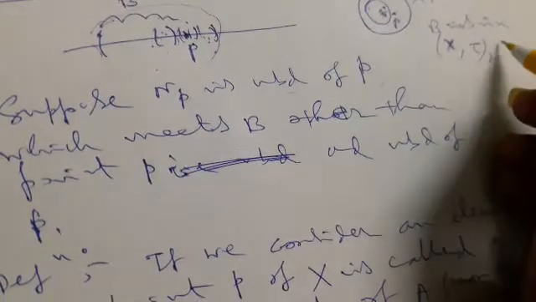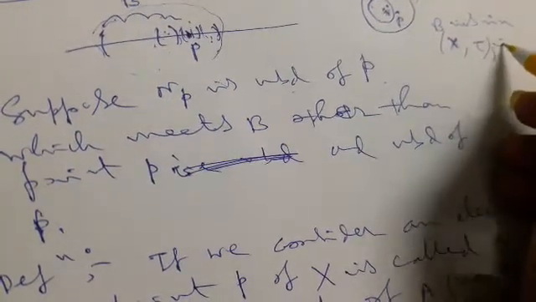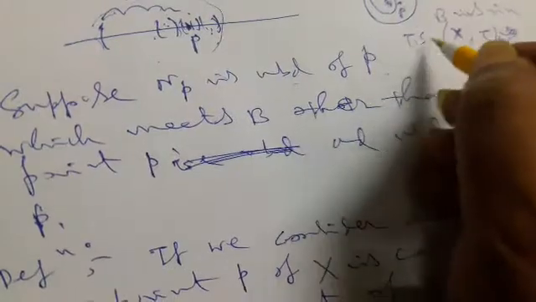Tau is a topology on X, in a topological space (X, tau). In this way.